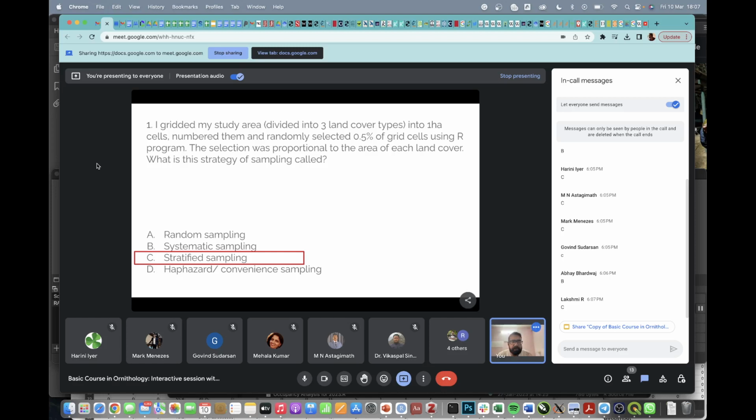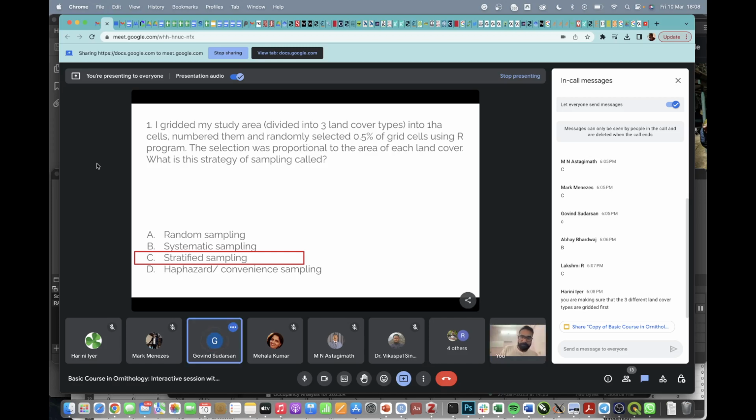If you are randomly selecting survey points, and the probability of the points falling in those particular strata is anyways proportional to the area of the strata, then why do we even do stratified sampling? It's a question for you guys.